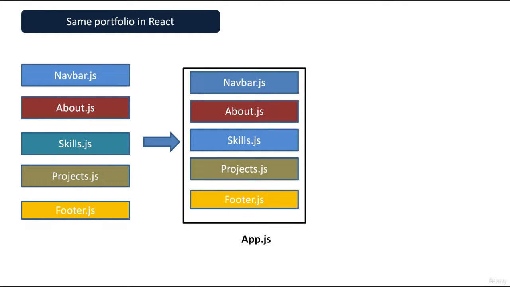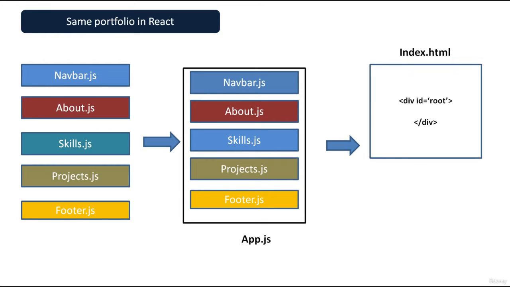After creating the app.js parent component, we have to create one HTML file and one JavaScript file, because in single page applications we will have only one HTML and one JavaScript. First let's create the HTML file. Here you can see this is the index.html file, and this is the only HTML file present in the entire React application.